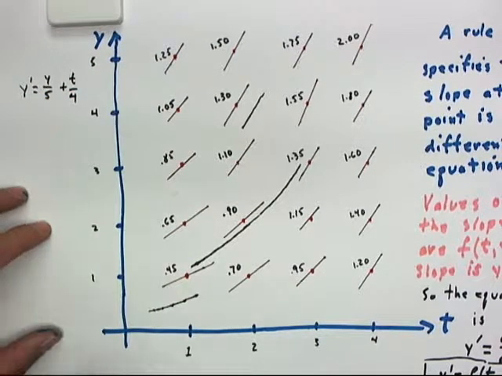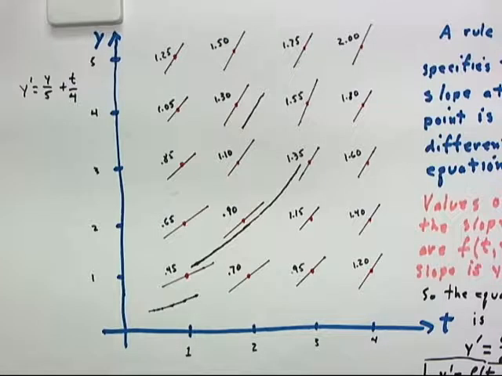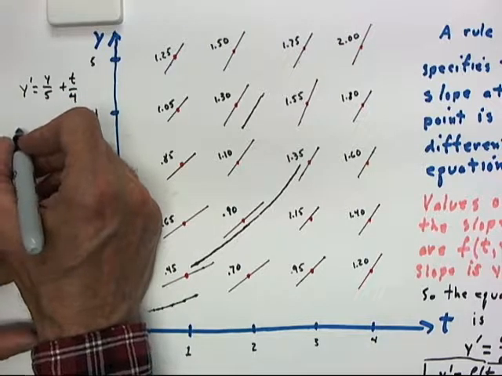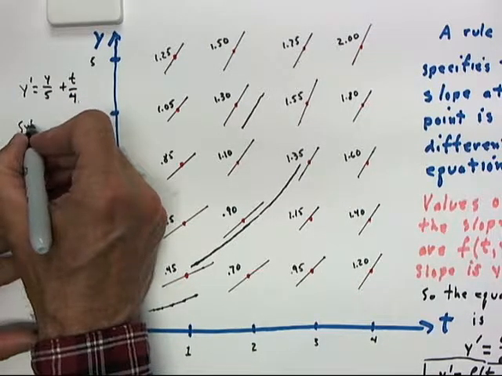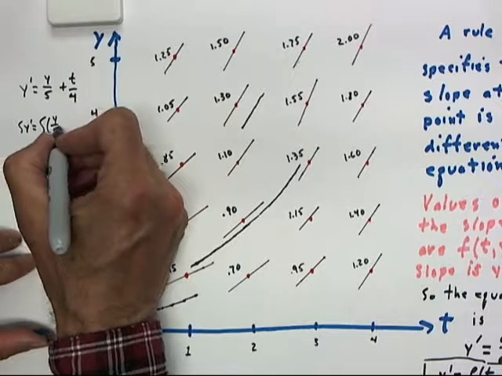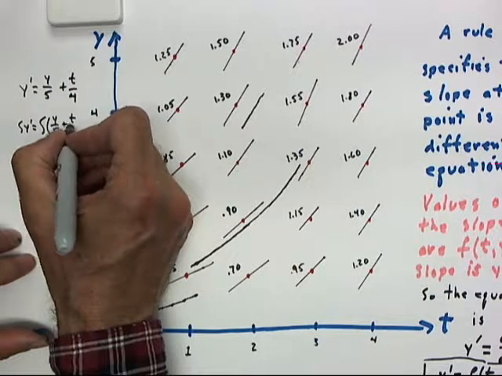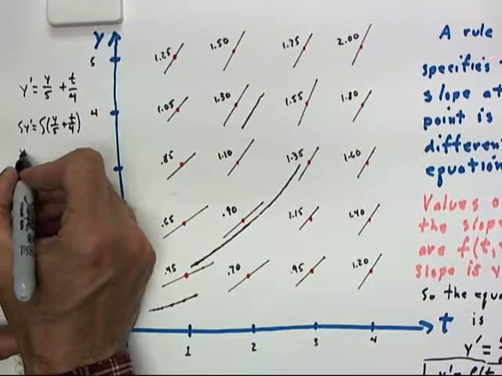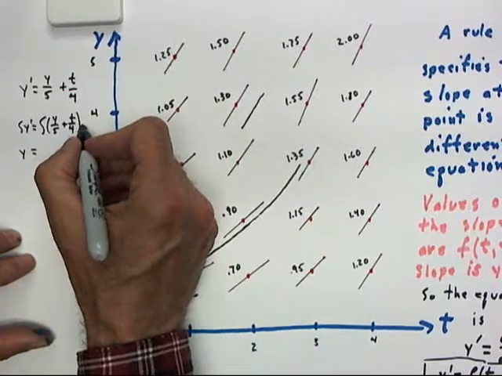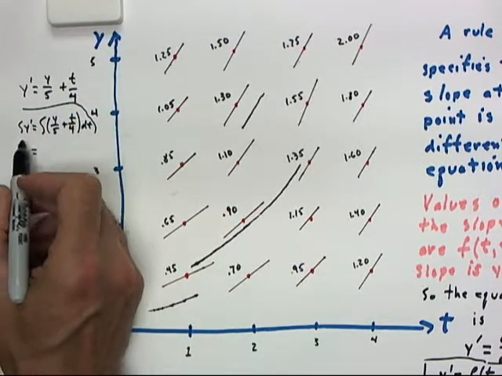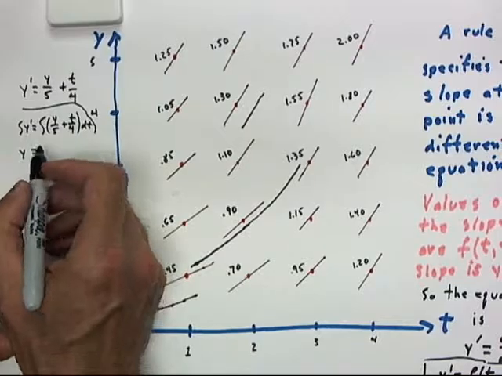Now if you tried to integrate both sides, well, integrating y prime, which is just dy dt, is going to give us y, and then we want to integrate y over 5 plus t over 4. Well, we get the y here very easily, integrating with respect to t.